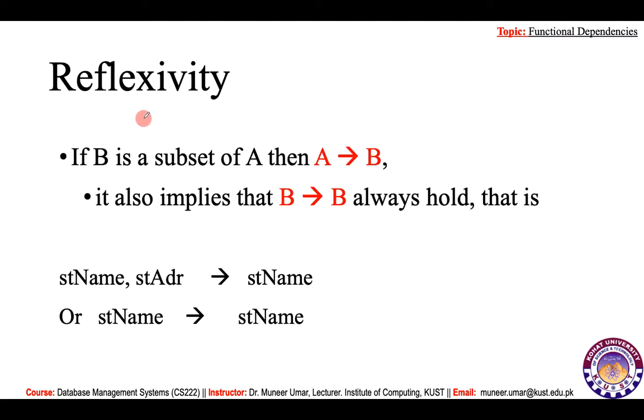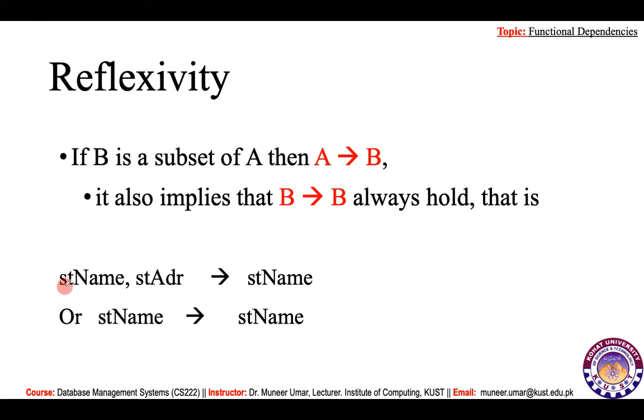The first one is reflexivity. In this type of inference rule, we deal with the attributes in a way that it determines itself or a set in which it is present. Here we have an example.